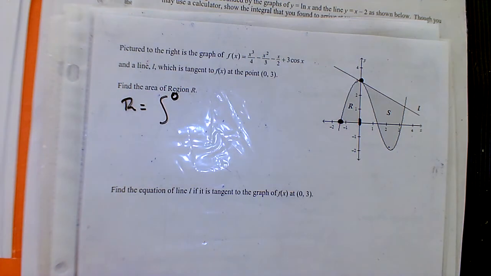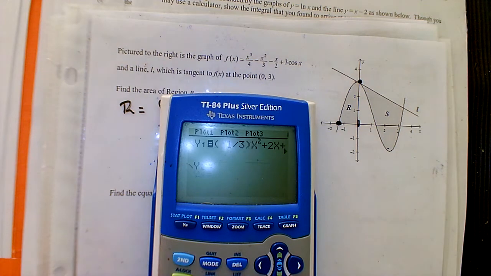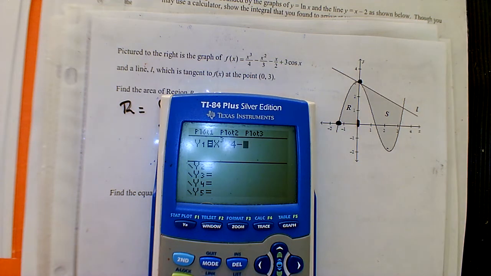So we're going to go ahead and utilize our graphing calculator to help us figure out that x-intercept. We're going to go ahead and graph the function x to the third divided by 4 minus x squared divided by 3 minus x divided by 2 plus 3 cosine x.